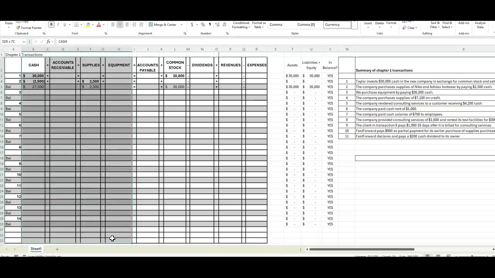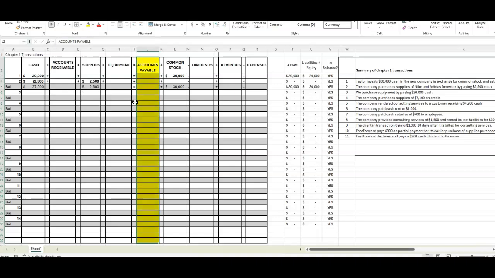This side is assets. These are asset accounts, things we own of value that we are going to consume in some way to earn revenue. This is a liability. This is something we owe to somebody.